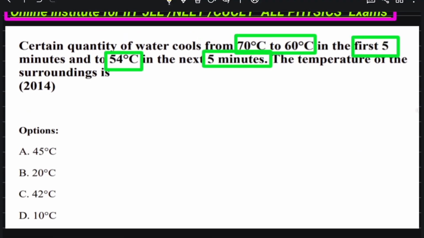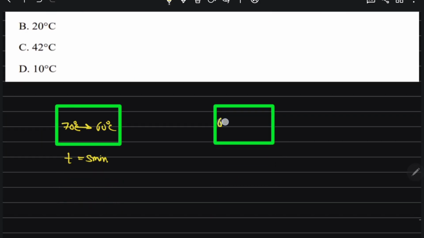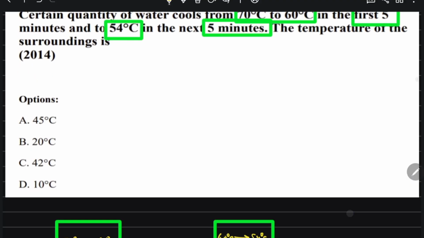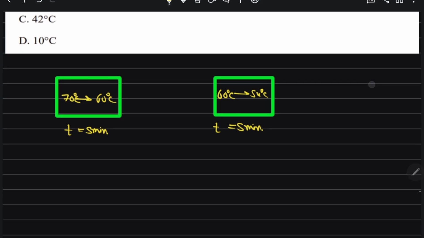In the first 5 minutes the temperature goes from 60 degrees to 54 degrees Celsius in the next 5 minutes. The temperature of the surrounding is dT by dt equal to K times temperature of body minus temperature of surrounding.